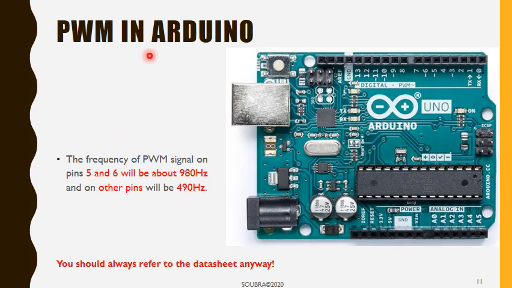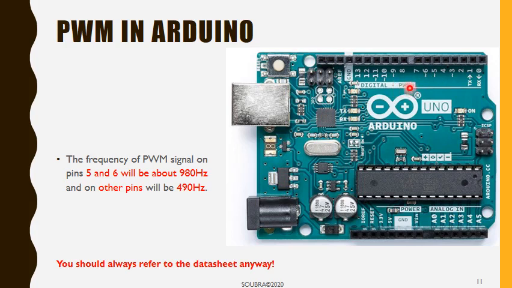All right, the last thing, and this is the infamous Arduino Uno board that we've seen a couple of times in my class. According to the datasheet, some pins are used for PWM.